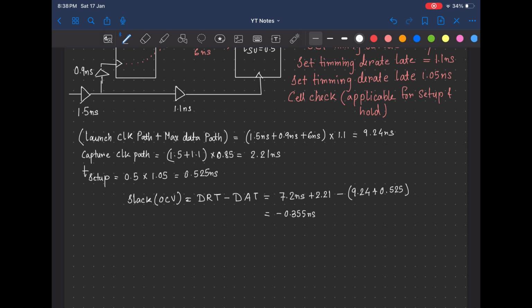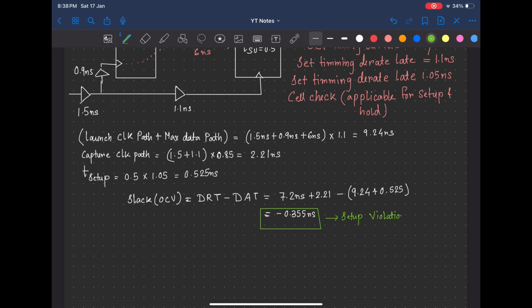Obviously the slack is negative, so it means there is a setup violation.